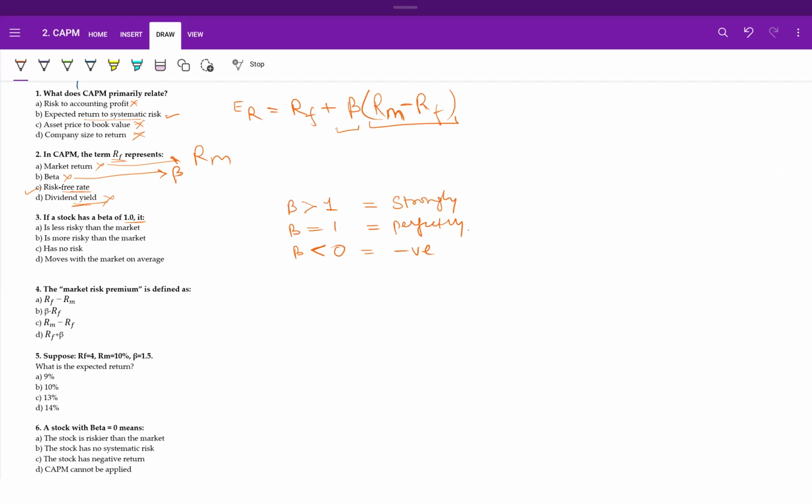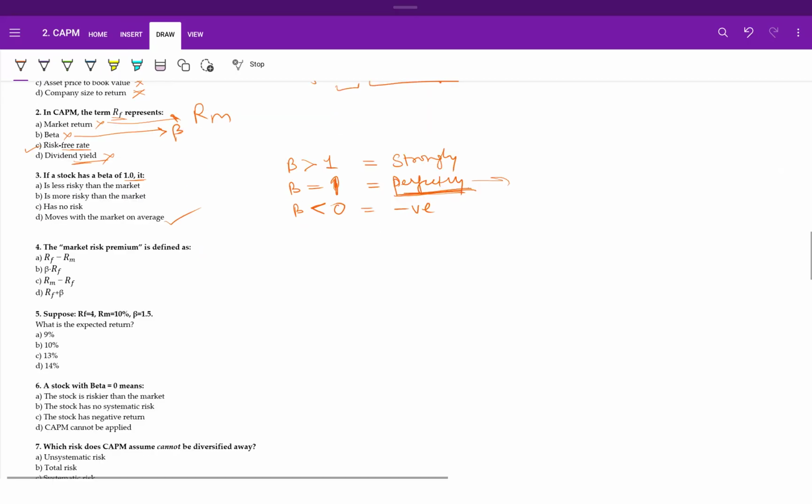When beta is equal to 1, it moves with the market on an average. We cannot infer that if the stock market goes up by 10%, our stock should also go up by 10%. But yes, we expect it to be related to the market. So the answer for question number three is it moves with the market on an average.